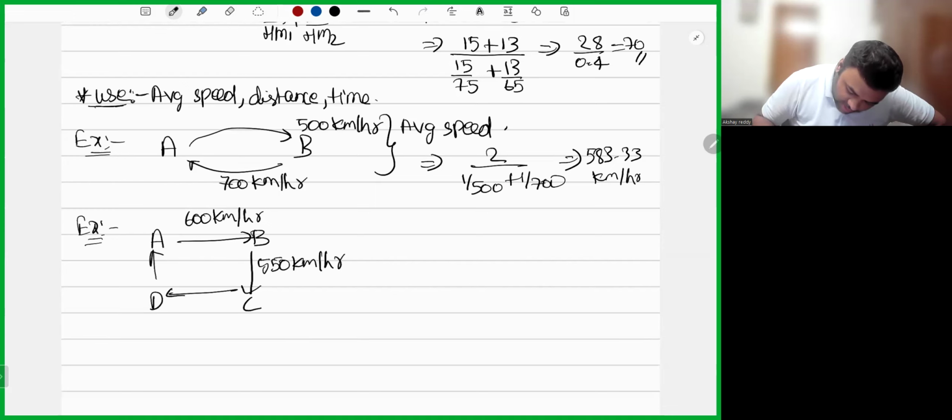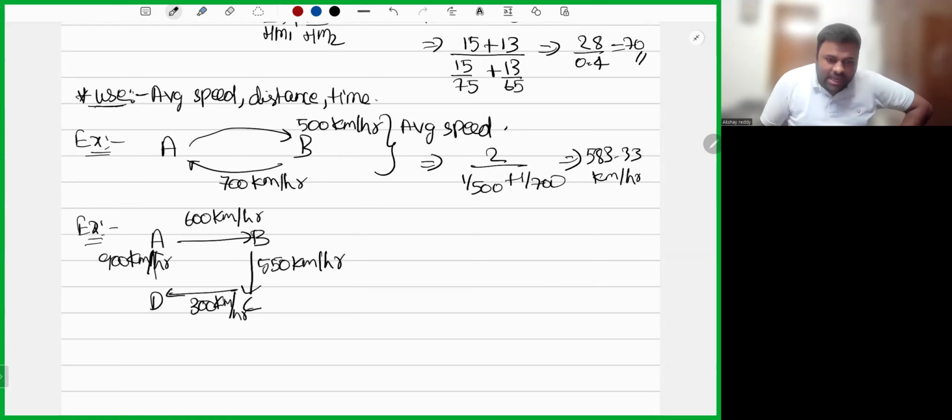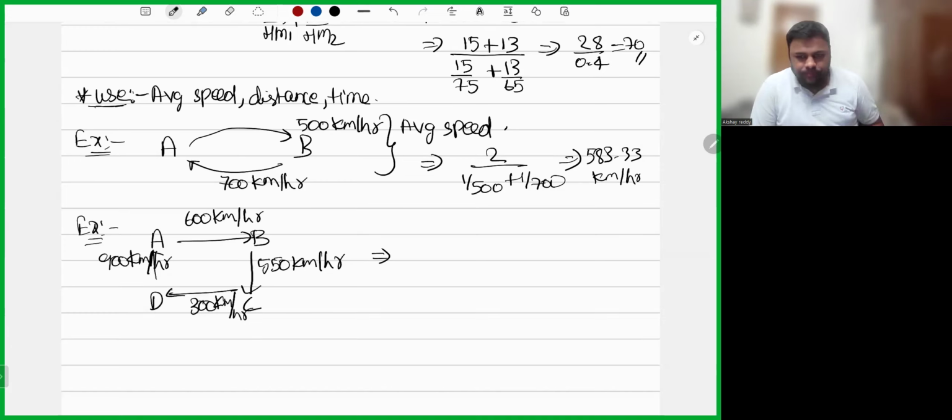C to D is going at 300 kilometers per hour. And D to A is going at 900 kilometers per hour. Can you tell me what is the average speed? Simple. Let's try to calculate it. 4 observations are there: 600, 550, 300, and 900.